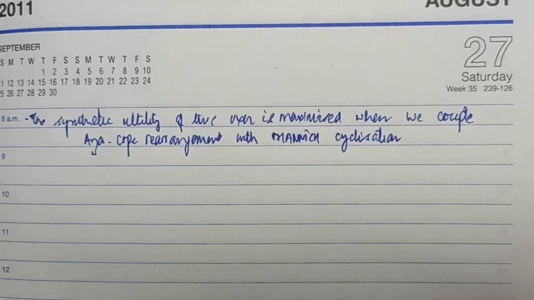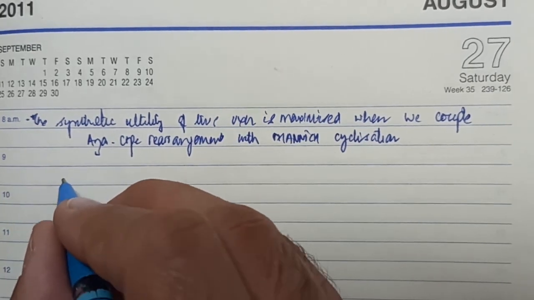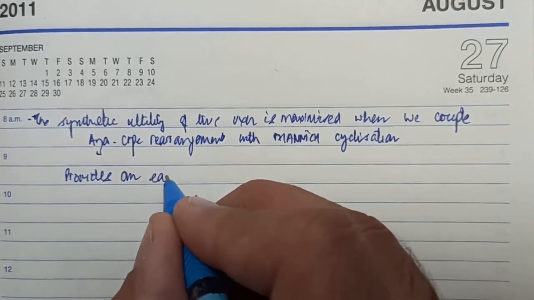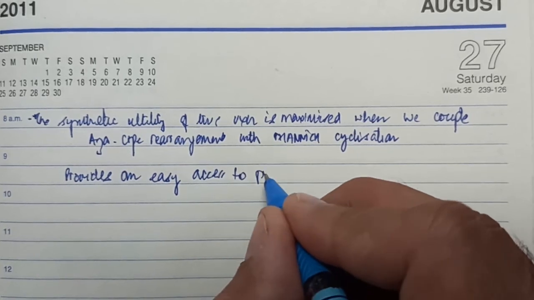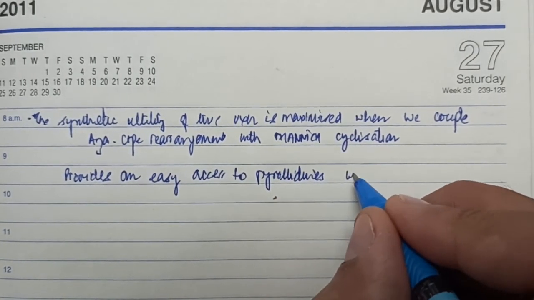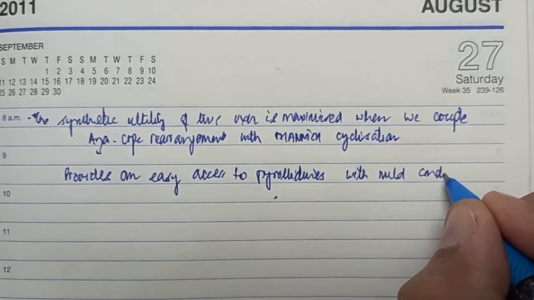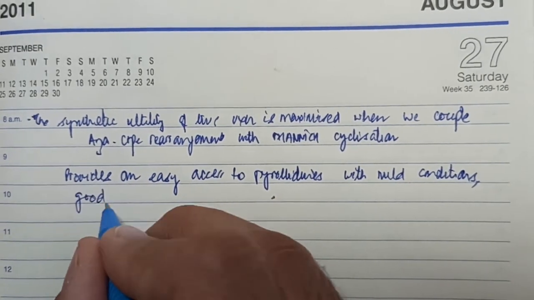And this provides, as I've told you, an easy access to pyrrolidines, which are otherwise difficult to prepare, with mild conditions, good diastereoselectivity.